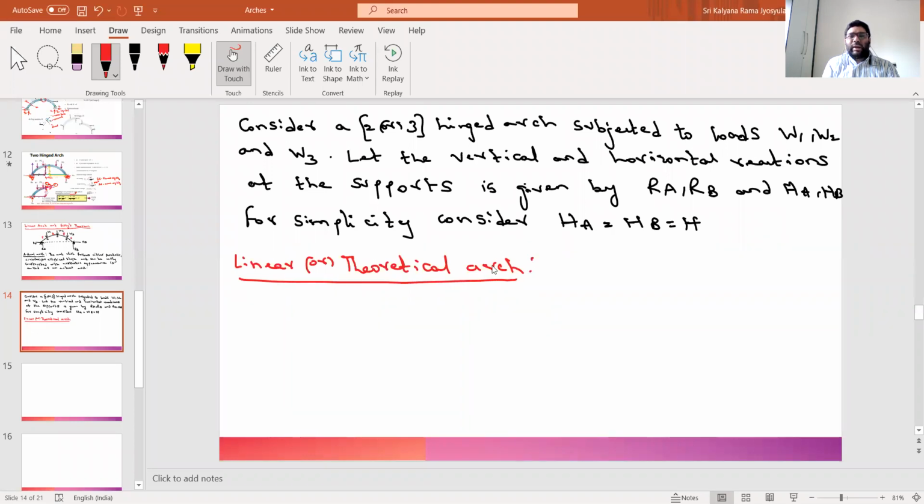So if you understand the terminology itself, previously we have seen actual. So actual versus theoretical. Actual means the real representation of the corresponding structural component. Theoretical is something that is associated with the assumed values.